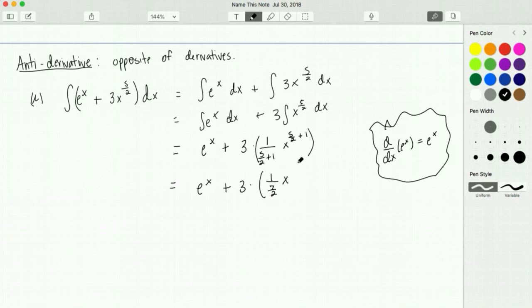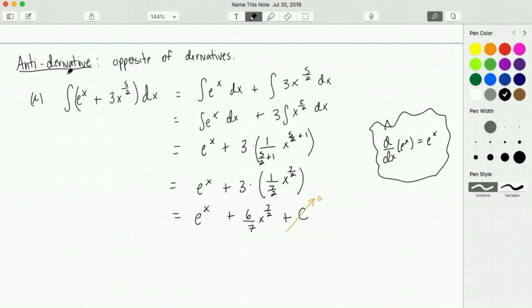We have x to the 7 halves. Now that simplifies to e to the power of x plus 2 over 7. So 2 times 3 is going to be 6 over 7 x to the 7 halves. And we had a constant c, but for our sakes, we're just going to set that equal to 0.